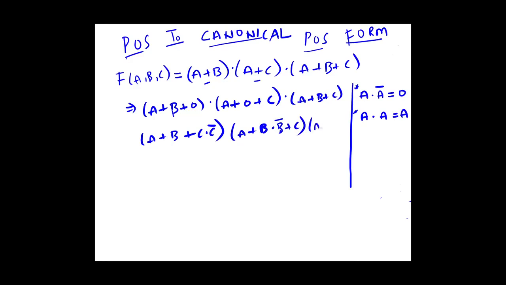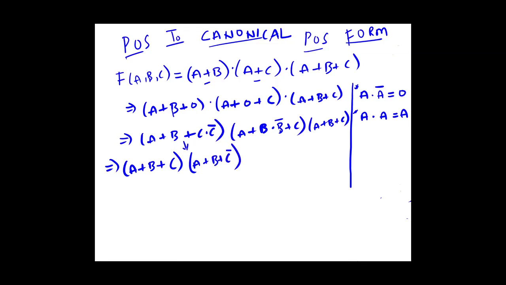Next here you already have A plus B plus C. Next you get A plus B plus C, from this term I get A plus B plus C into the other term again A plus B plus C bar.